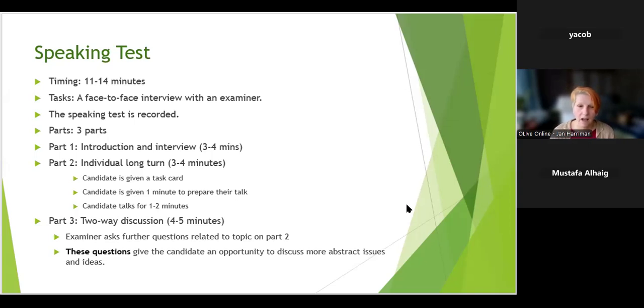Both the speaking test and the reading test are marked by two separate examiners to make sure that the scores are fair. There are three parts. The first begins with an introduction and interview. So from the minute you say, hello, my name is, the exam has begun.